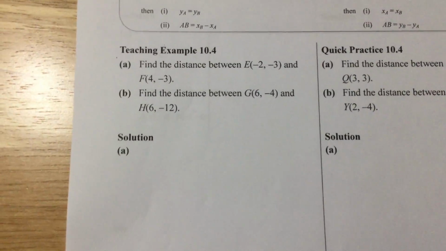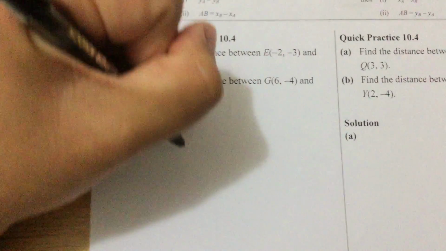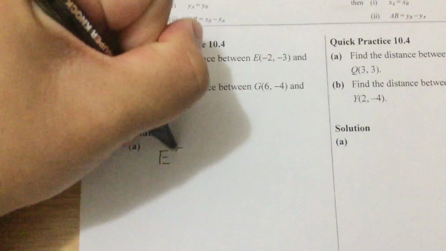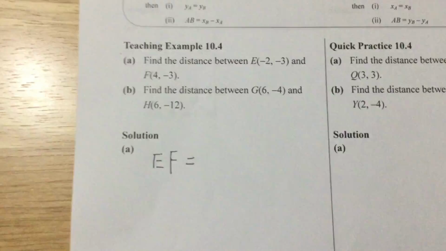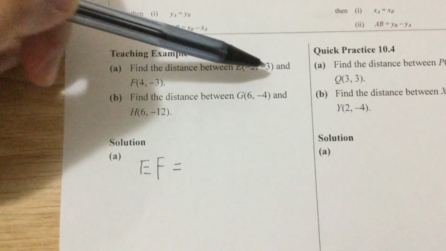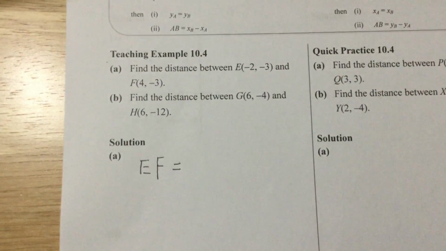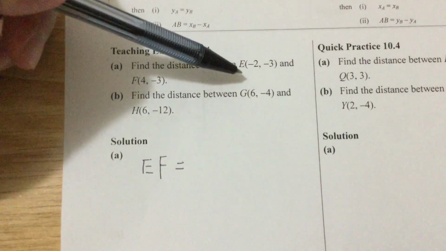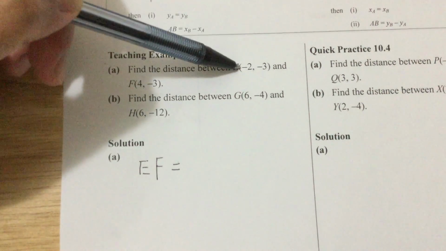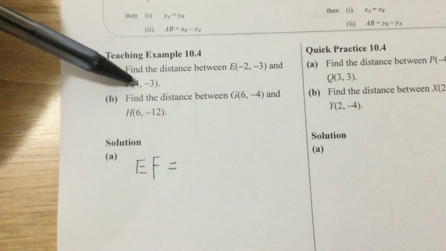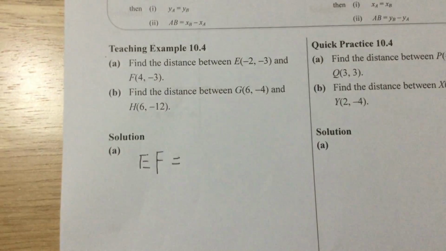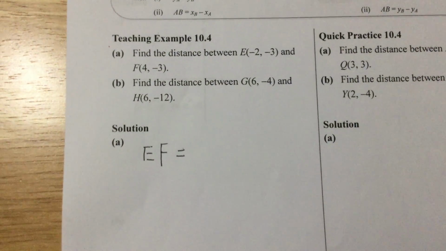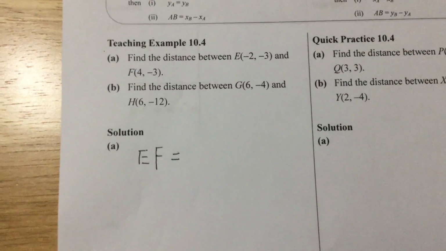Okay, now first of all, I'm going to calculate EF first. In the last video, I told you that the y-coordinates, -3 and -3, are the same, so we do not consider these two numbers. We will only consider the numbers that are different. That means we only consider 4 and -2. And every time we will use the bigger one minus the smaller one.